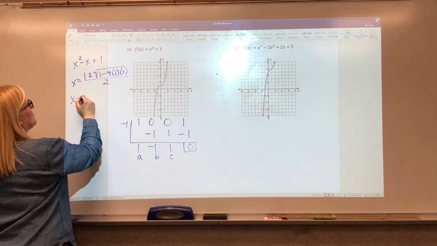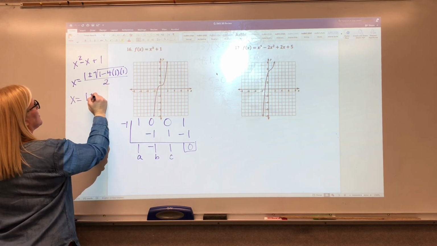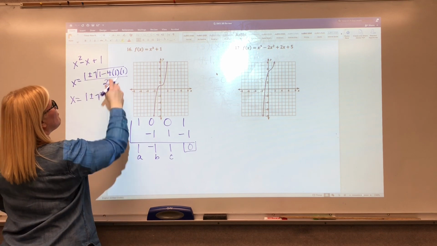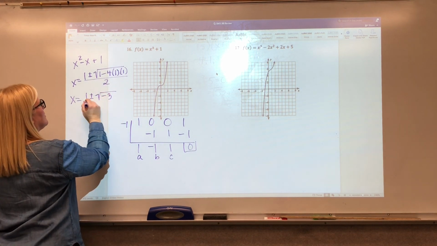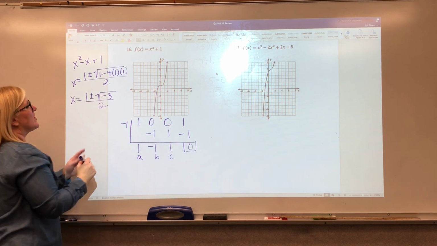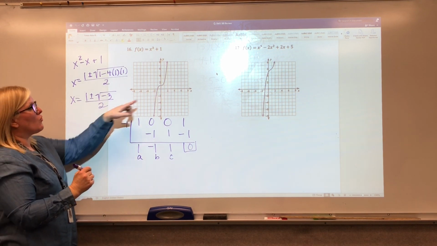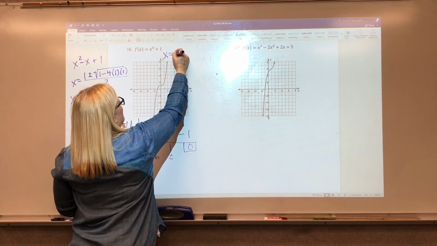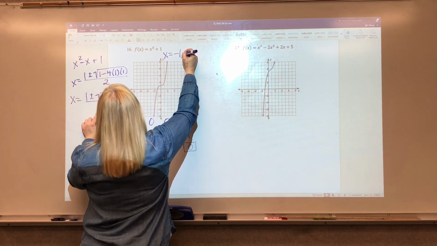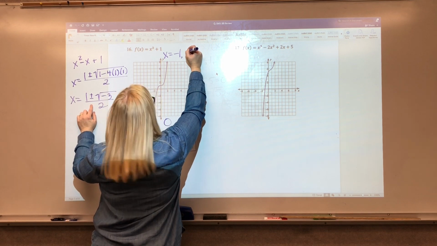So x equals 1 plus or minus the square root of 1 minus 4, which is -3 over 2. So there's 2 of my answers, and my other 1 answer is right here. So x equals -1, and you could write this a different way.